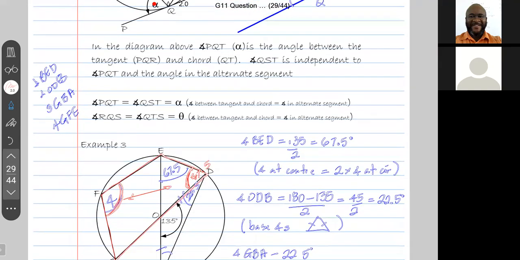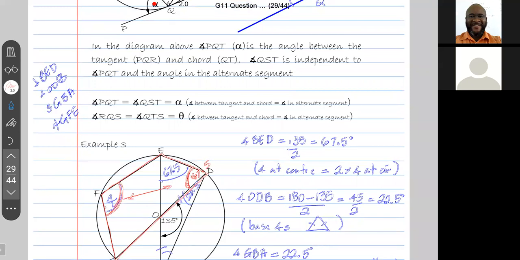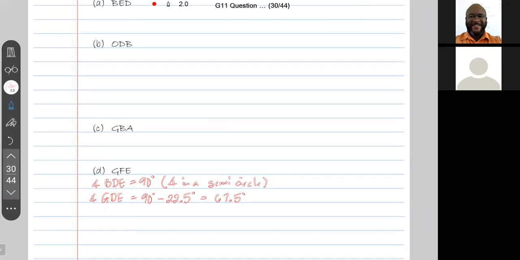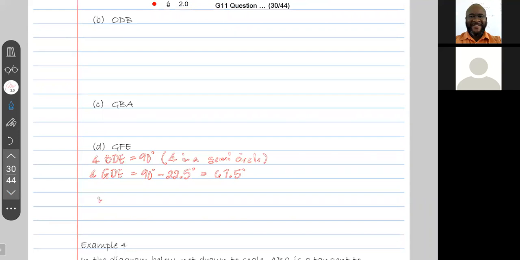Now the angle I want, which is number 4, those two angles are supplementary. They add up to 180 degrees because they are opposite angles of a cyclic quadrilateral. So angle GFE is equal to 180 minus 67.5.